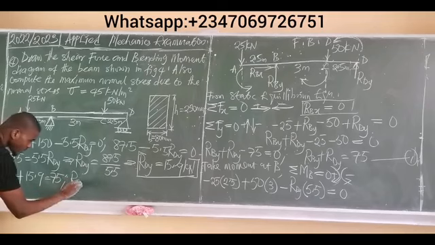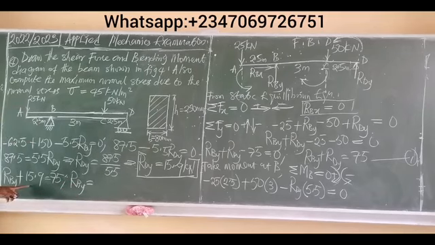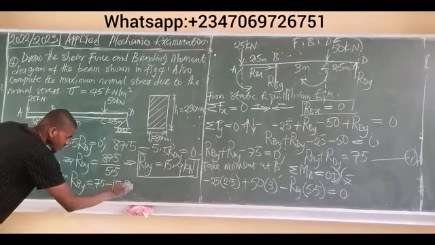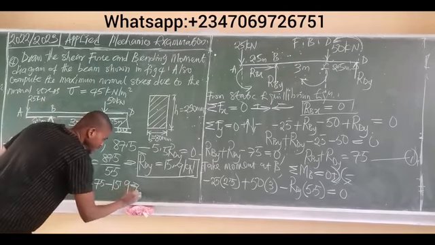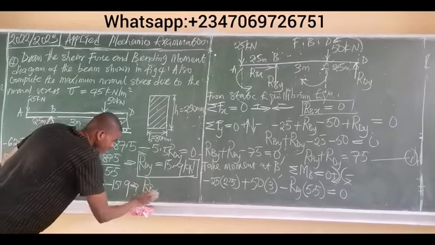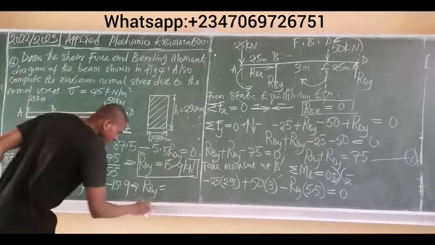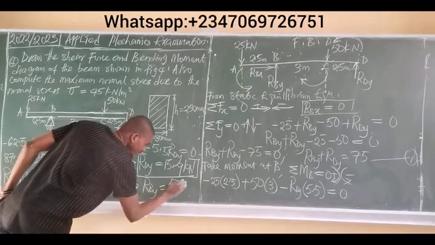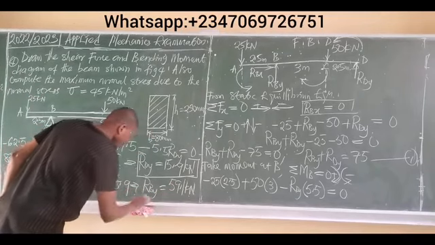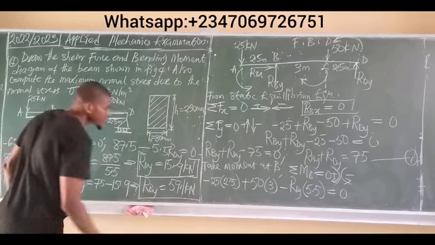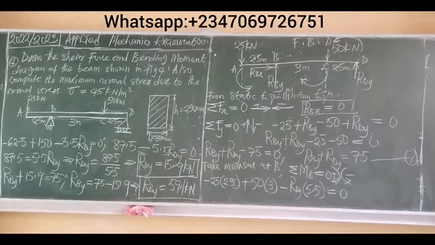Therefore, to find RBY, we send 15.9 over to this side of the equation. So we have 75 minus 15.9, which implies RBY is equal to 59.1 kilonewtons.